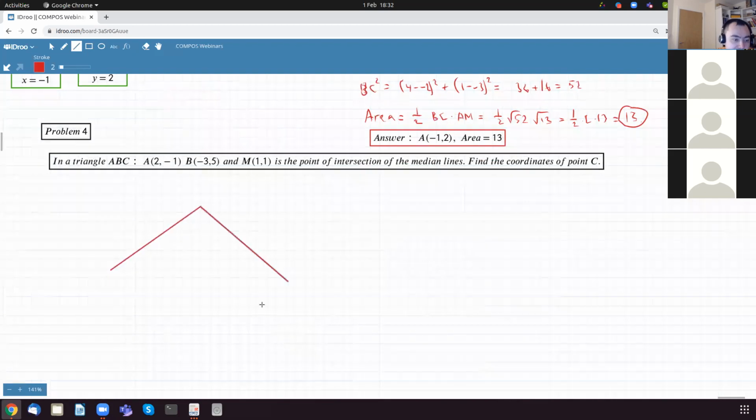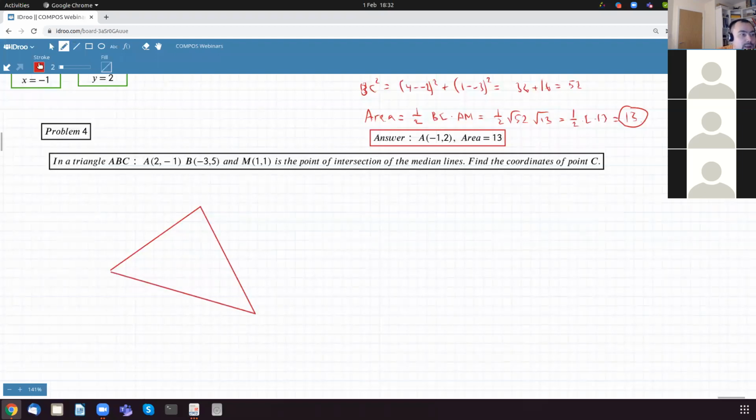So I'm just going to draw a random triangle and say this is A with coordinates 2, -1. This is B with coordinates -3, 5. And M is the point of intersection of the median lines.